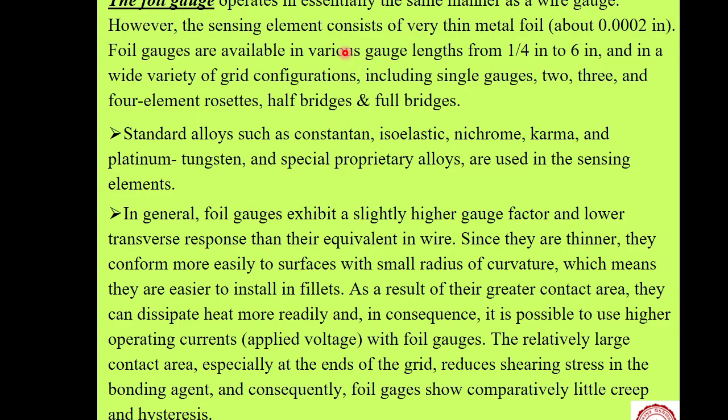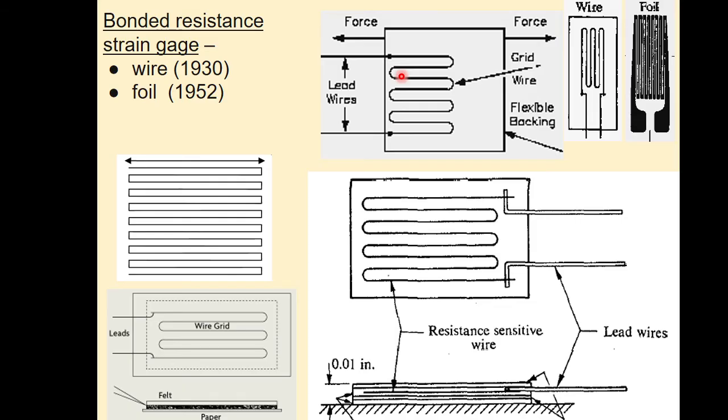Wire type means their construction was somewhat like this, understand? It's a thin wire fixed on a surface, enclosed in some enclosure, and then attached to the body by using some adhesives. This type of strain gauge came in the 1930s, and the particular one we are discussing here is known as the foil strain gauge. It is a later development, in 1952.